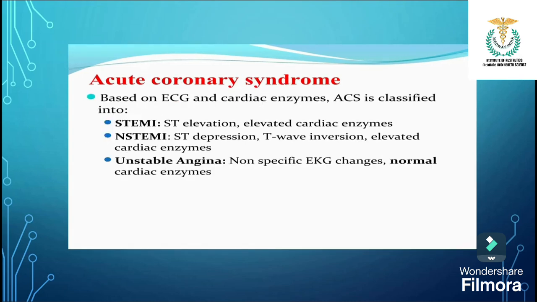Based on ECG and cardiac enzymes, acute coronary syndrome is classified into STEMI, non-STEMI, and unstable angina. So STEMI means what? ST elevation is there, and elevated cardiac enzymes are there.